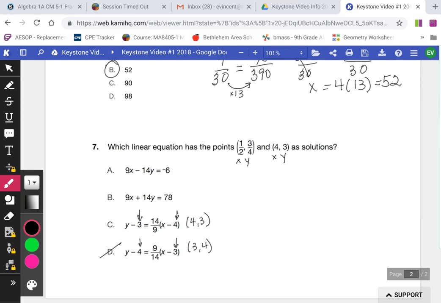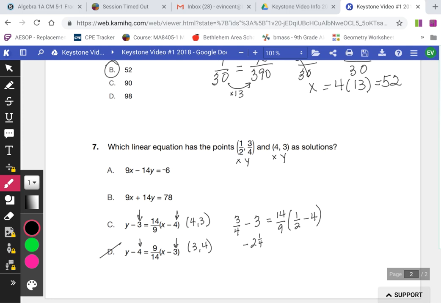I can check C to see if (1/2, 3/4) is also a solution to that equation by substituting it in. So I would take y is 3/4 minus 3 equals 14/9 times 1/2 minus 4. I know it's fractions. If you substitute this into your calculator, you should be okay. So 3/4 minus 3 is -2 1/4.